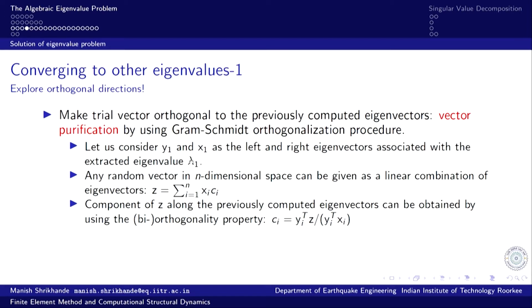If y 1 and x 1 are known, then we can pre-multiply by y 1, giving y 1 transpose z. y 1 is orthogonal to all eigenvectors except the first eigenvector x 1, and they can be scaled such that y 1 transpose x 1 is of unit length, unity.